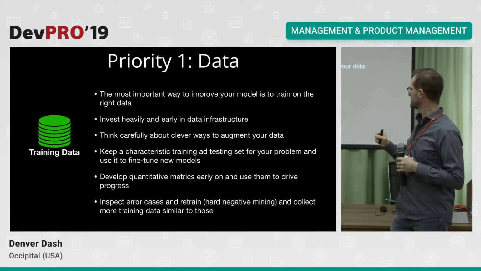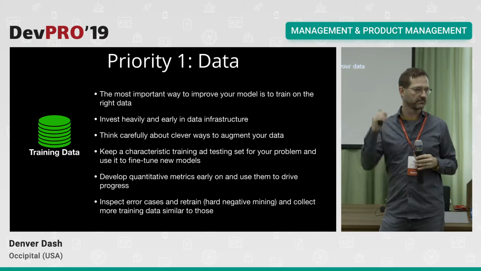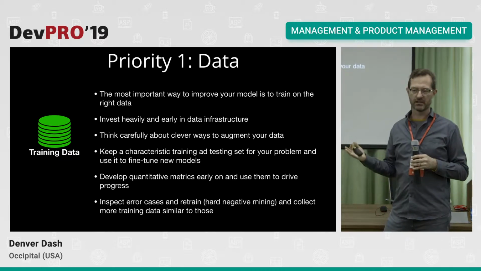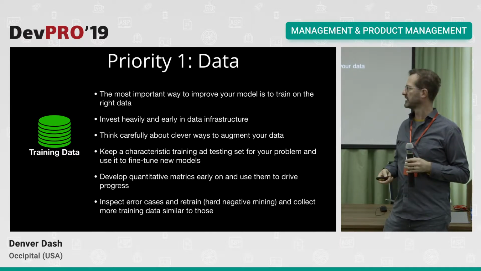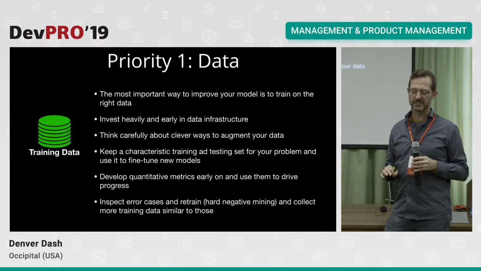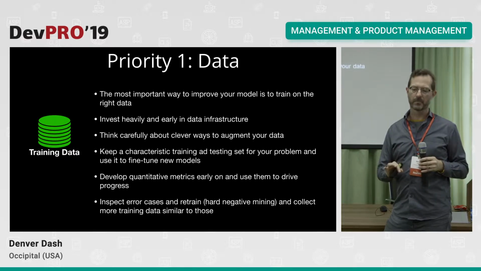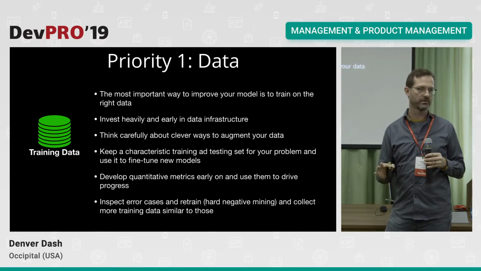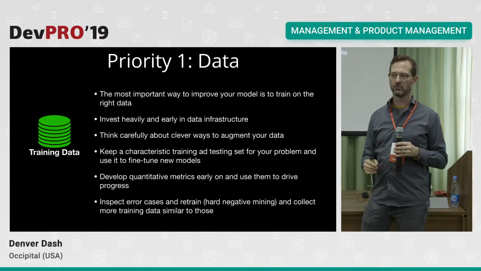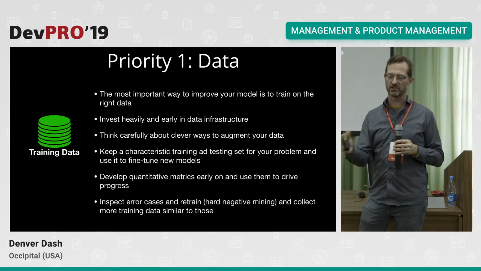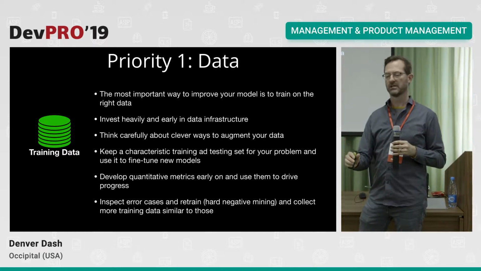Another important thing is to think carefully about how to augment your data. This is a bread and butter thing in deep learning these days, augmenting data. The problem is that you're trying to find all the sources of variation in the problem you're solving. So take hand tracking, for example. Say you want to track hands in an image.